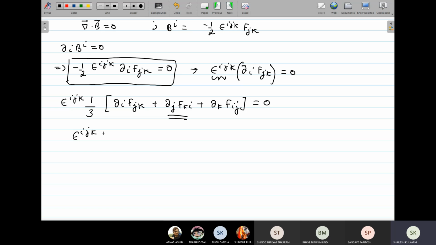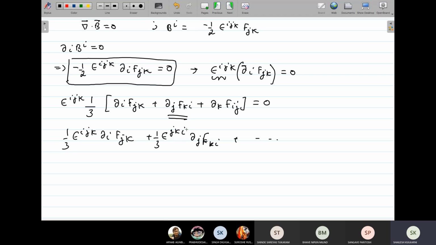First you write epsilon ijk ∂_i f_jk, divided by 3, plus, second, you consider 1/3 epsilon jki, with all three indices summed over, epsilon jki ∂_j f_ki. You write this, and there will be a third term.